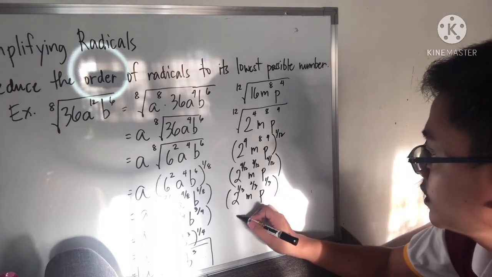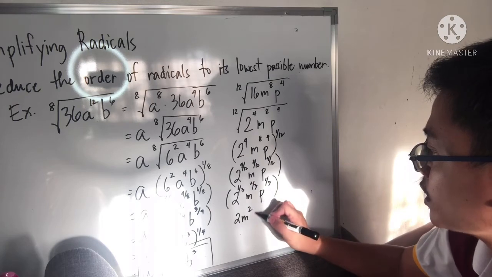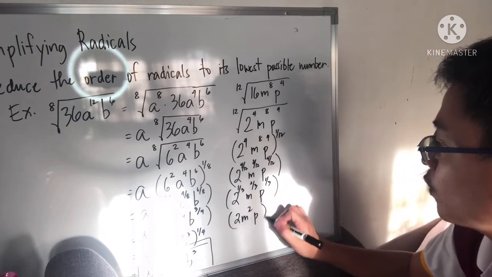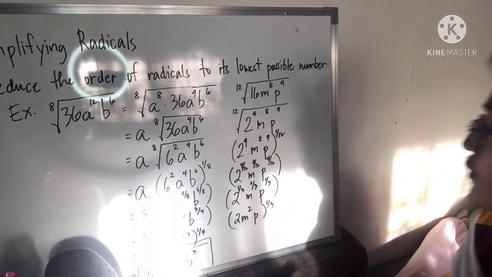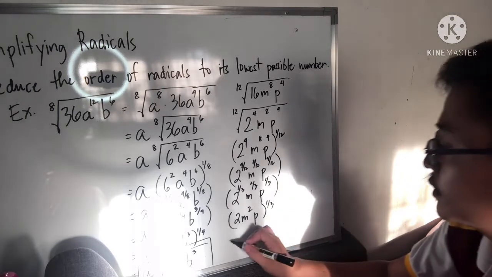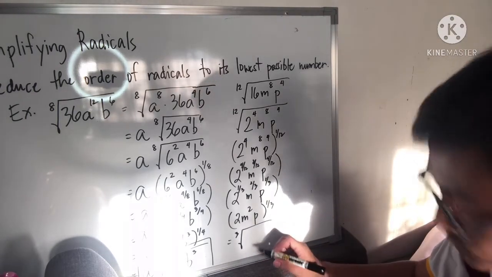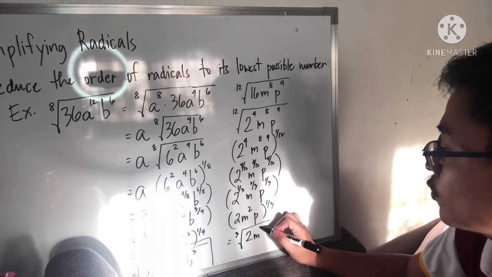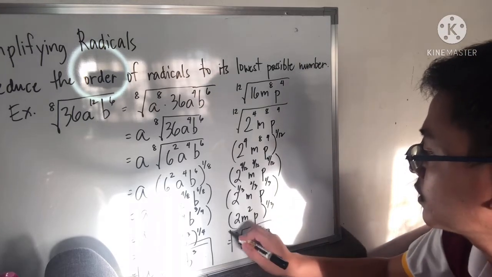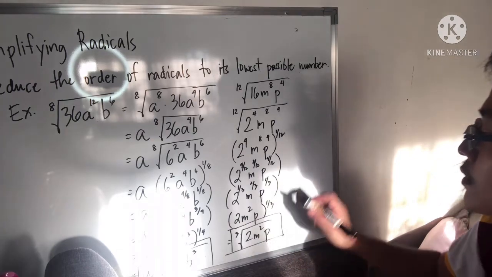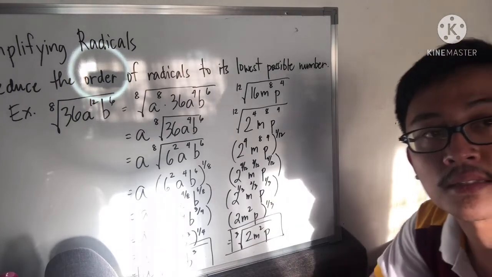So, that is 2m squared p quantity raised to 1/3. And then, radical answer, that will be the cube root of 2m squared p. So, that is the lowest possible index.